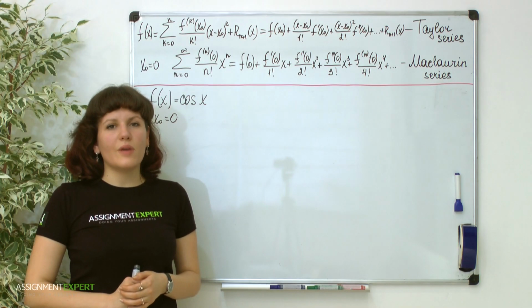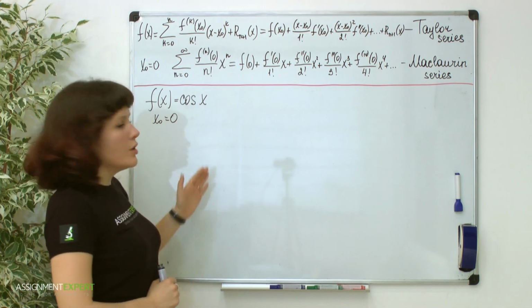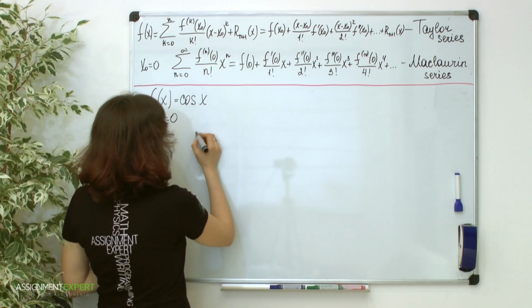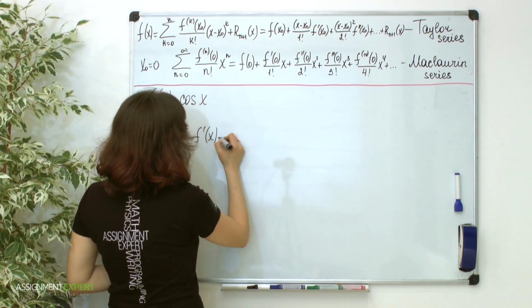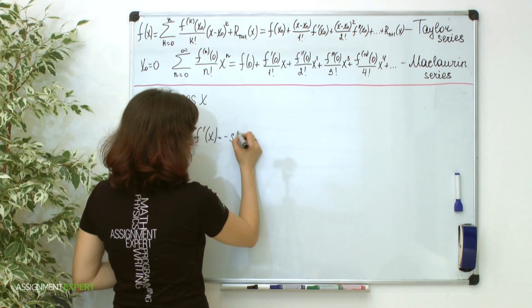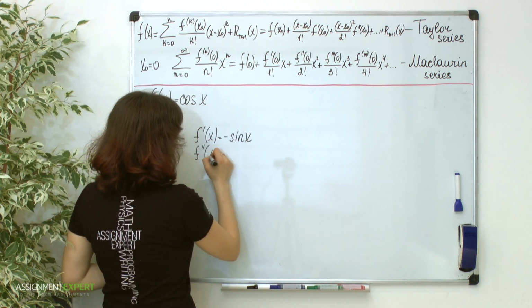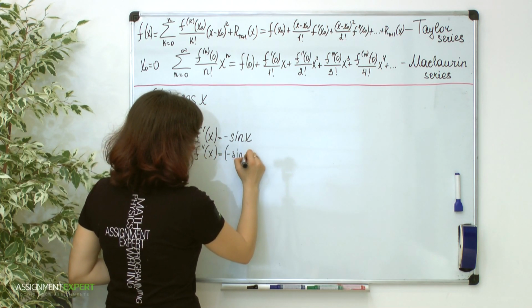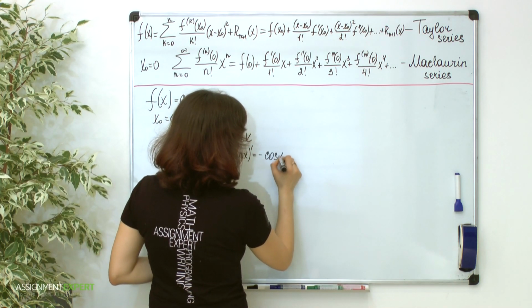Now let's consider trigonometric functions, and we start with cosine. First of all, we need to find derivatives of our function. f prime of x equals minus sine of x. f double prime of x equals minus sine of x, prime, equals minus cosine of x.